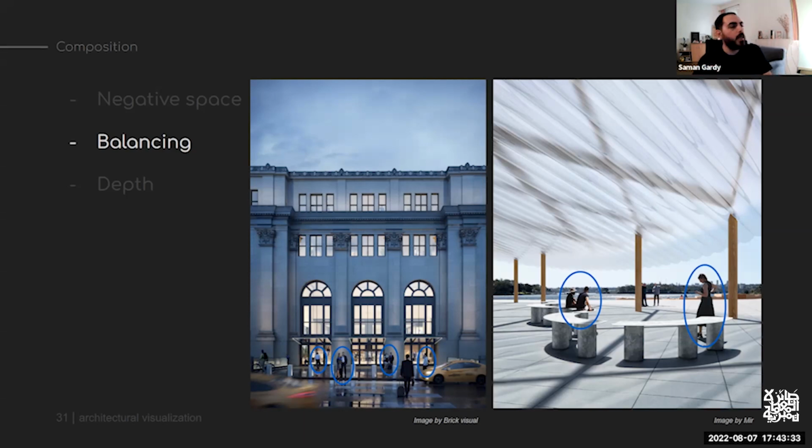For example, if you are putting the characters with Photoshop, just create a box inside your 3ds Max or SketchUp or whatever 3D software you are using. Create a box with 170, just an average human height, or 180, and then make a screenshot from that scene and put it in Photoshop.